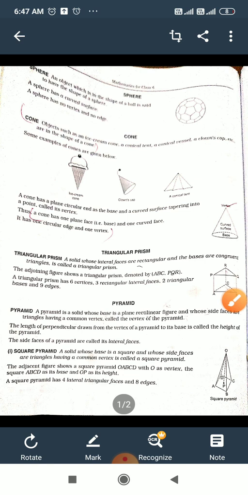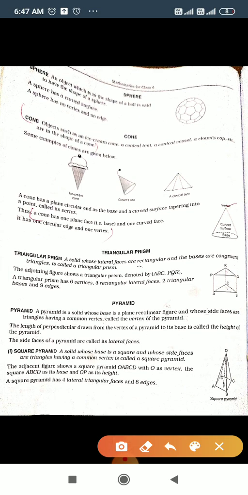The length of the perpendicular drawn from the vertex of the pyramid to its base is called the height of the pyramid. The side faces of a pyramid are called its lateral faces. Square pyramid: a solid whose base is a square and whose side faces are triangles having a common vertex is called a square pyramid.